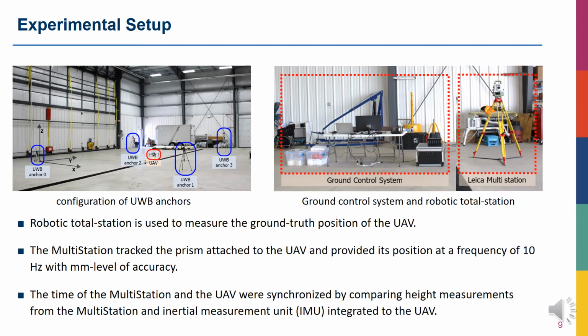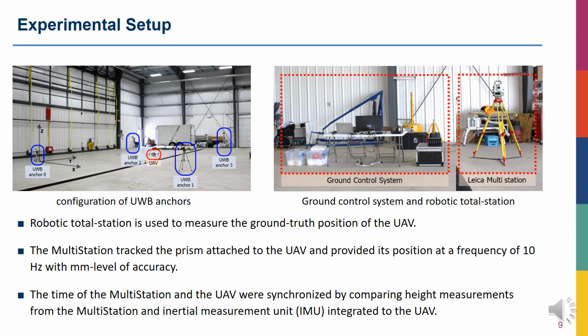We use the robotic total station Leica Nova MS-60 to measure the ground truth position of the UAV. The multi-station tracked the prism attached to the UAV and provided its position at a frequency of 10 Hz with millimeter-level accuracy.